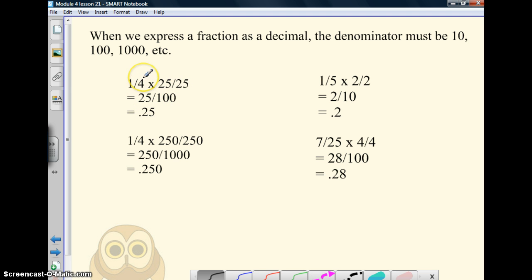So then the fraction 1/4 is equal to 25 hundredths. So basically, this entire lesson revolves around finding a denominator that is a multiple of 10. That's what the whole thing's about. Okay, so let's keep going.